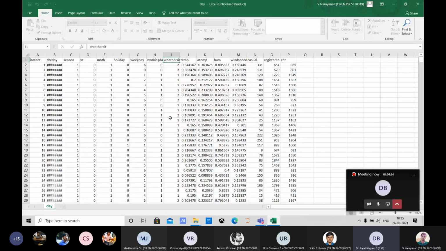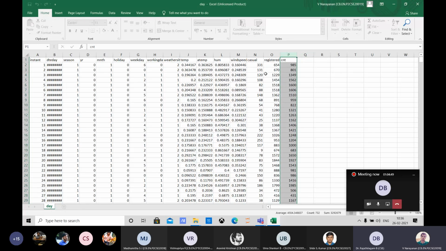The predictor variables would be season and weather. Let's just take these two. Season is X1. What is it that you want to predict? The count, the P column. So in this question, you only have X1, X2 and one Y1.